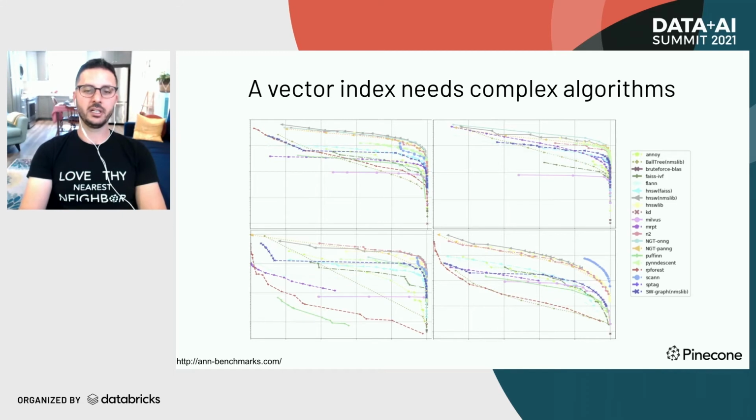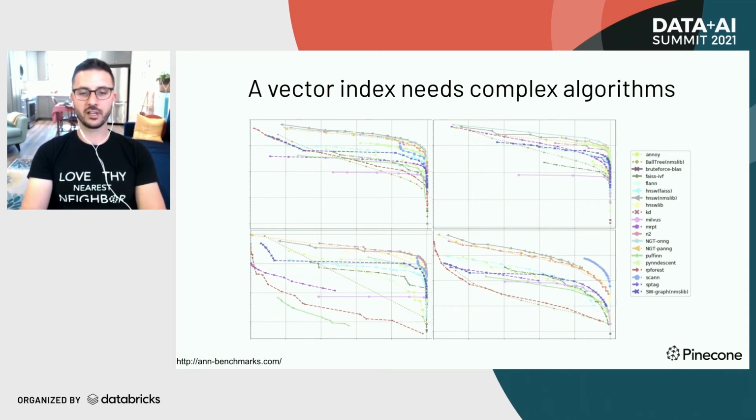And here I'm plotting just the trade-off between throughput and what's called recall on different algorithms and different parameter sets. This is taken from ANN benchmarks, which is dedicated to benchmarking these sets of algorithms, one against the other.